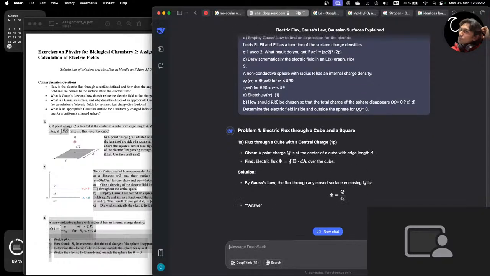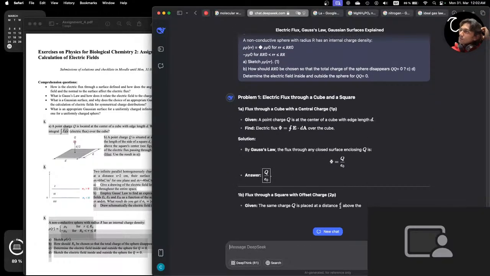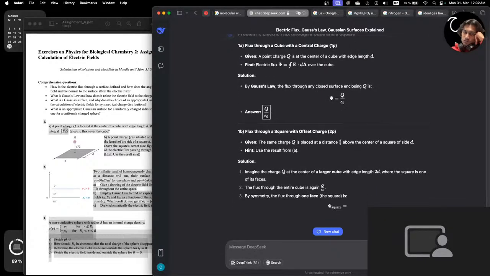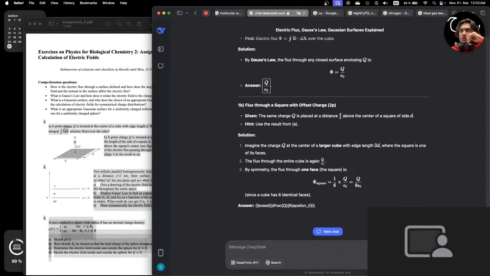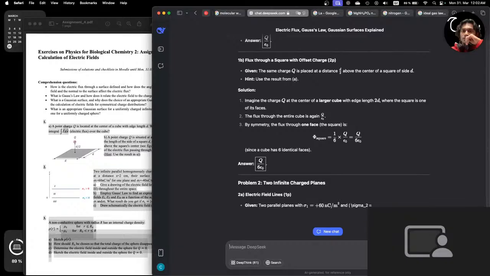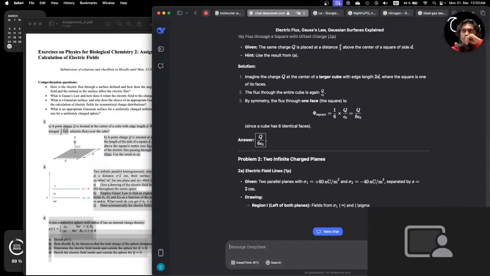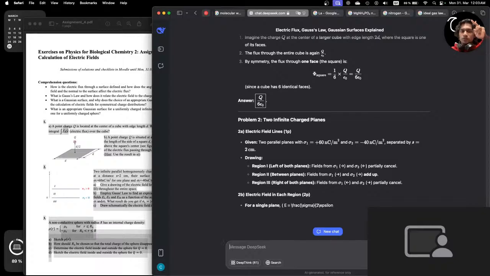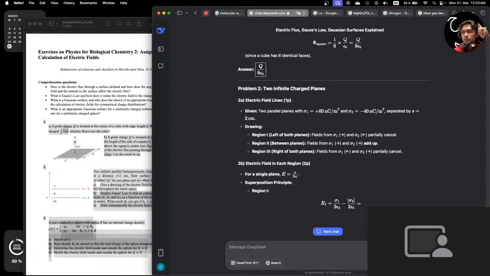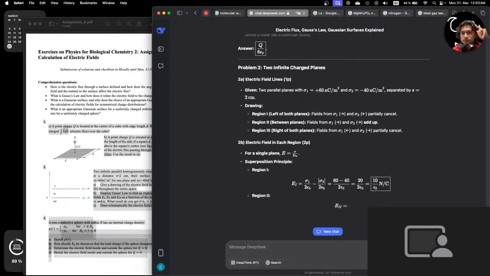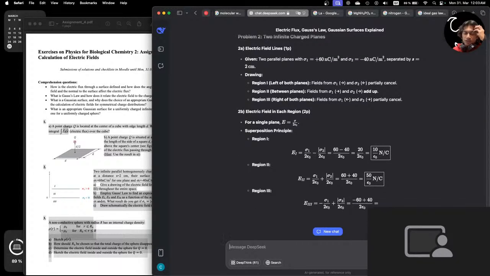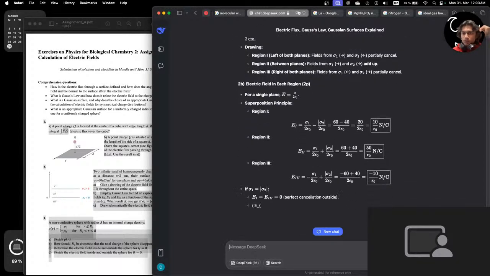Electric flux through a cube and a square. I got two options now. I can go to sleep and wake up tomorrow, or I should do it right now and then go to sleep. I don't feel like I can do it right now.